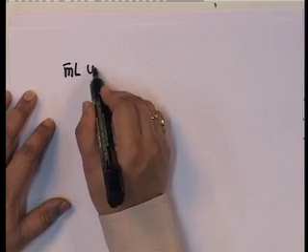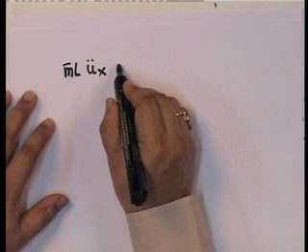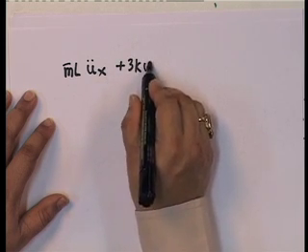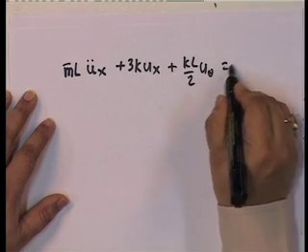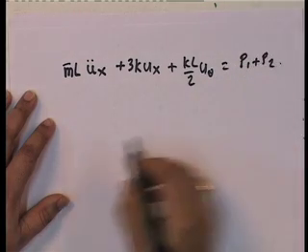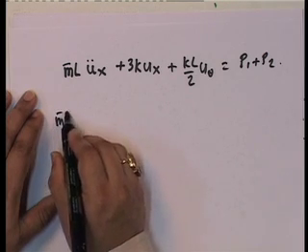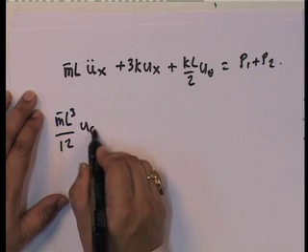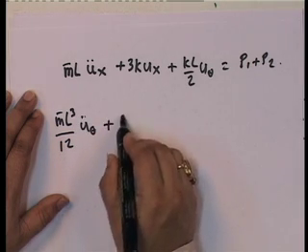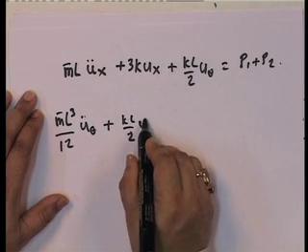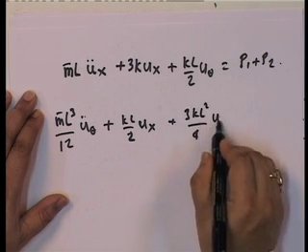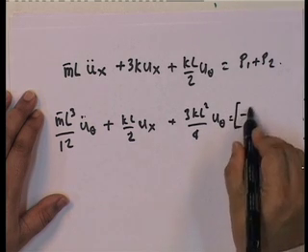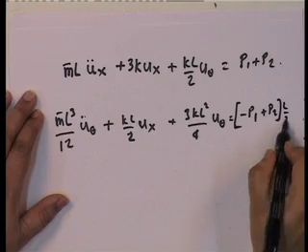I get m bar L u x plus k L by 2 u theta is equal to P1 plus P2, and the other one is m bar L cubed by 12 u theta plus k L by 2 u x plus 3k L squared upon 4 u theta is equal to minus P1 plus P2 into L by 2.